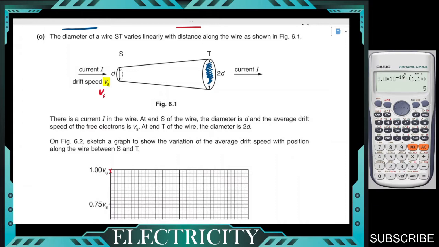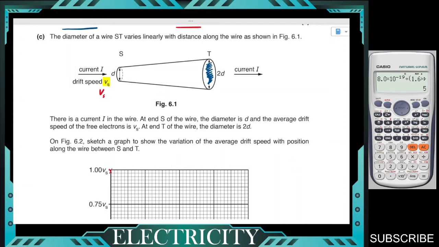According to what we have studied in the theory, if the diameter increases, the drift speed decreases, because increasing the diameter increases the cross-sectional area. Now the quick question is, if the diameter is increased by a factor of 2, okay, the diameter is doubled.